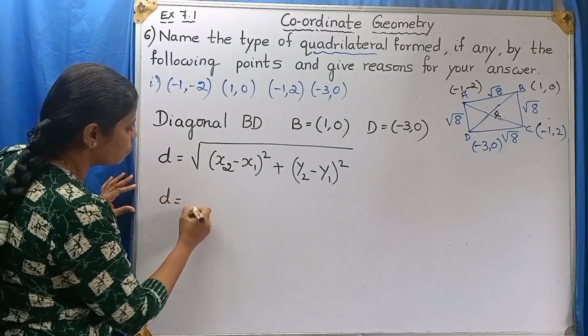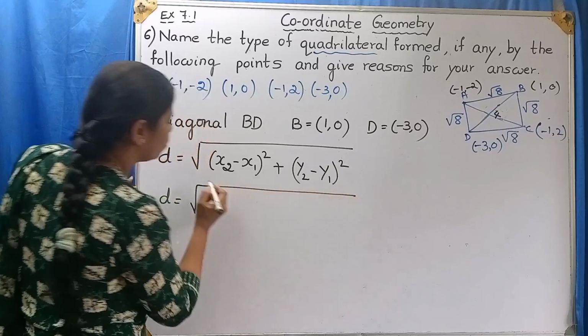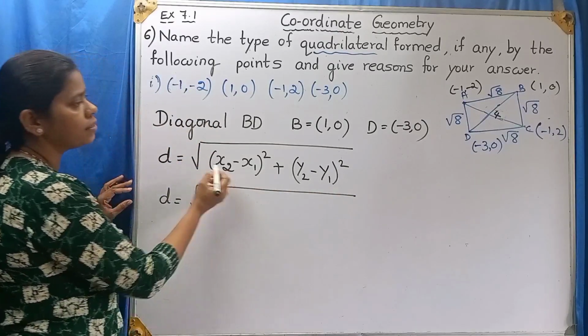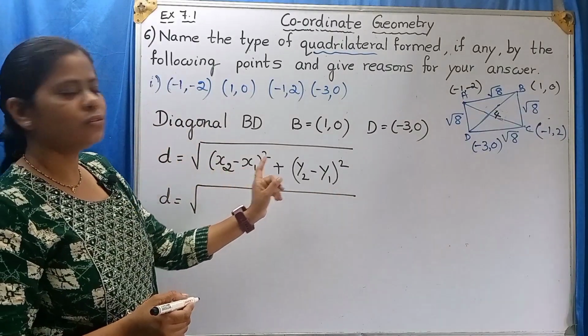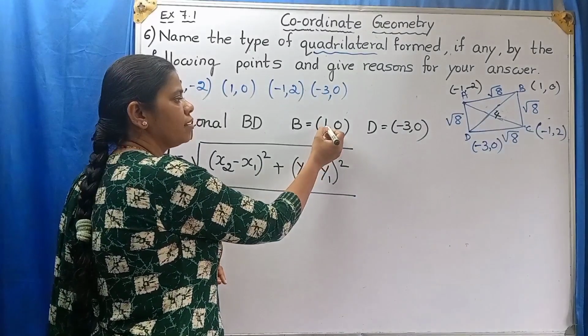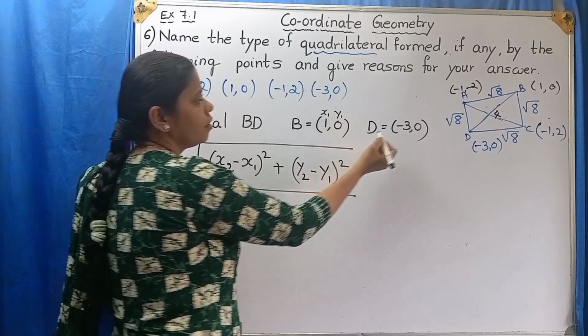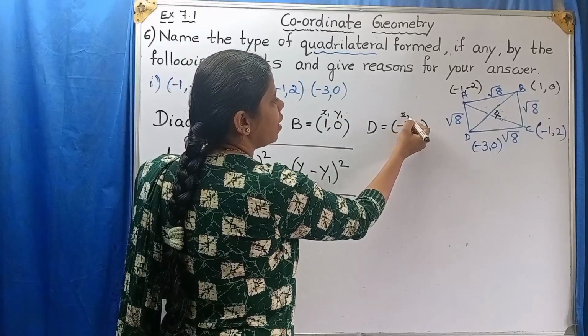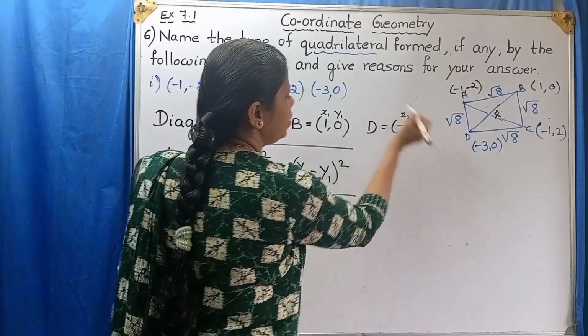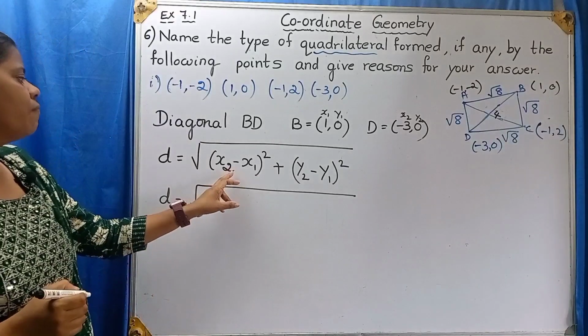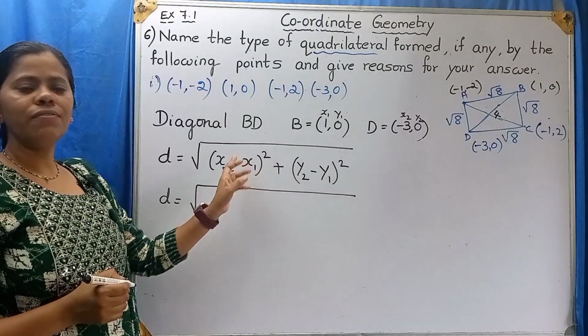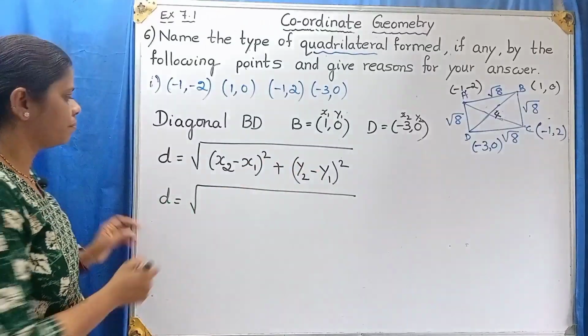D is equal to square root of, here. First let me write the values of x1, x2, y1, y2. We know that this is our x1 and this is our y1, and this is our x2 and this is our y2. Now let us substitute the values.